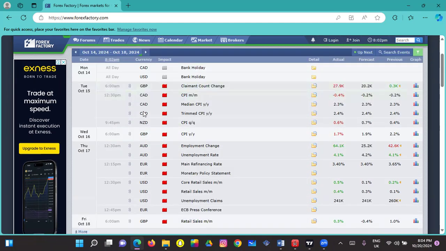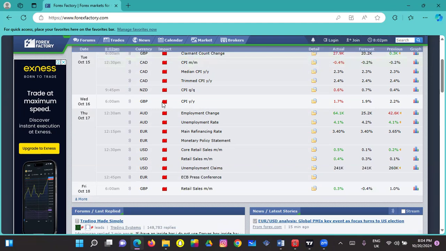Let's quickly move on. The CPI for the GBP was also negative. The unemployment change was positive, and the unemployment rate was also positive, but it's not that positive, it's stable.